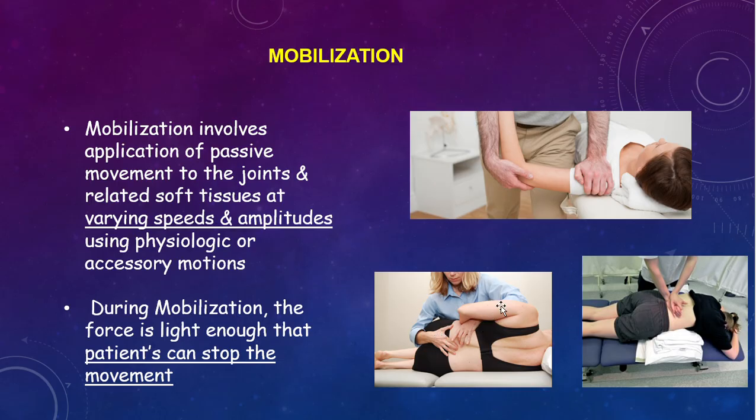So what she's going to do is to push the proximal part of the body of the patient towards the bed with her own proximal hand, and she'll use her distal hand to move the buttocks of the patient alternately towards her own body. She can continue this rhythmical movement at varying speed that she likes. That will be mobilization, as long as the speed and the amplitude is controllable. It's under the control of the patient, it's under the control of the therapist.